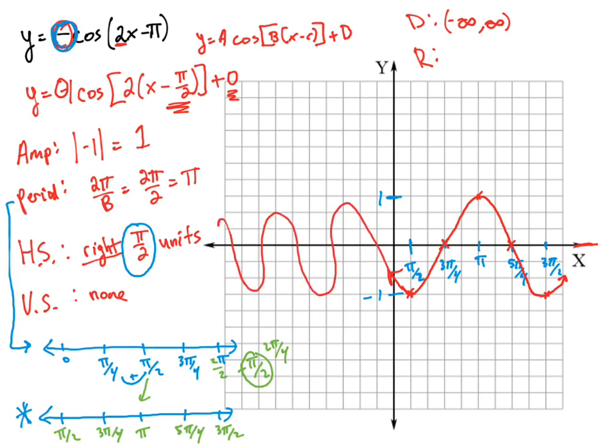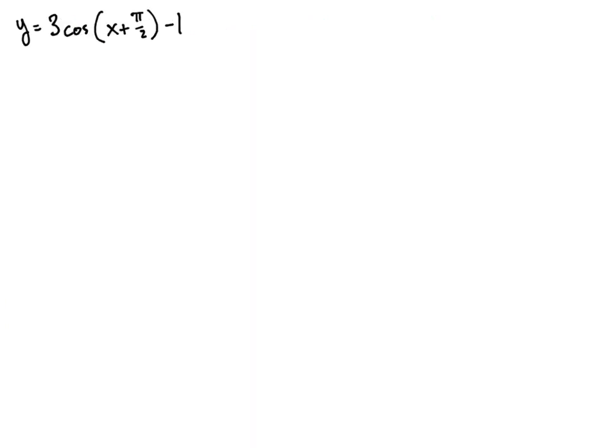You get the idea. The range, though, we want to see whatever we're bouncing between on the max and the min values. So the smallest value that the function hits is -1. The greatest value is 1. So the range here is going to be -1 to 1. And we include those values because the graph actually passes through -1 and 1.